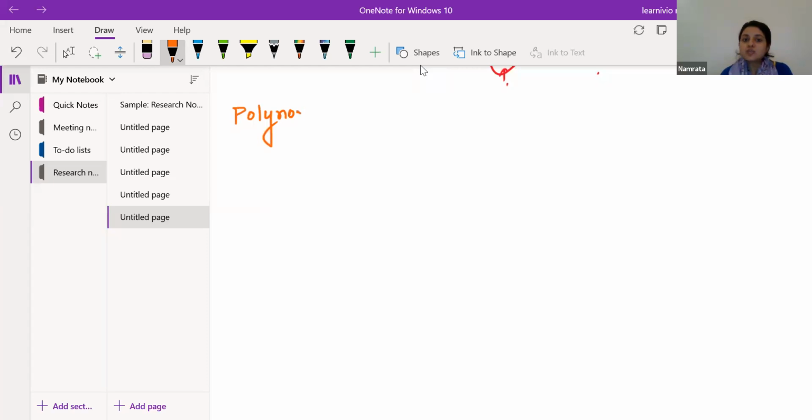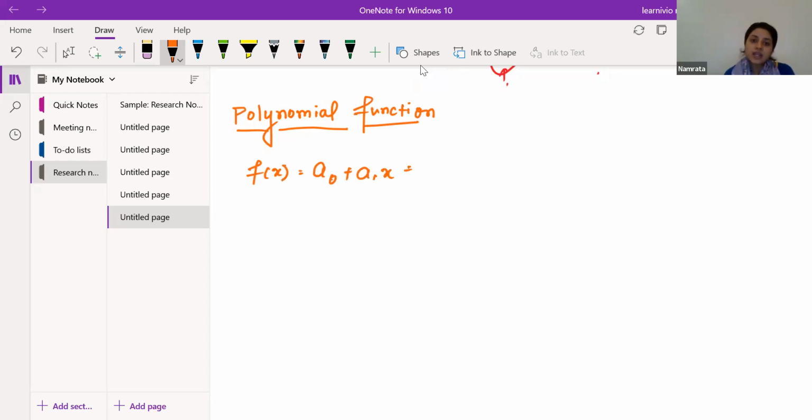Now the next one is polynomial function. In class 9 and class 10, you must have gone through the concept of polynomials, and you must know how exactly a polynomial looks. The structure of the polynomial function is f(x) = a0 + a1x + a2x^2 + ... + an x^n.